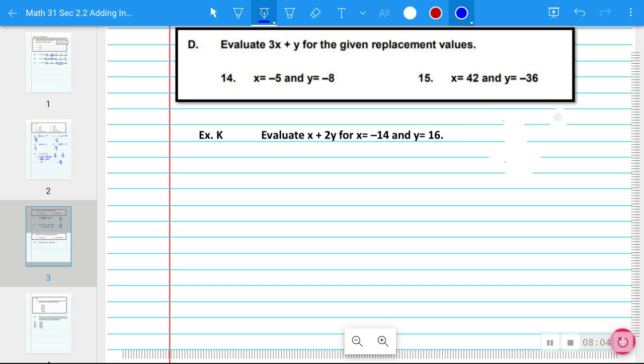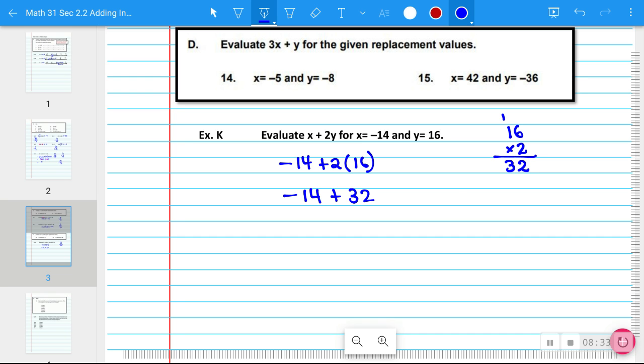Okay, example K here has an added step in it. You can see that it says 2 times the y there, so we're going to have to do that multiplying first. So we're going to use negative 14, it tells us, for x, plus 2 times a y value of 16. So our first step here is to multiply 2 times 16. And now we have negative 14 plus 32.